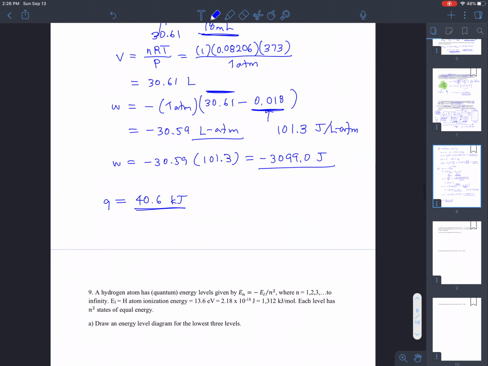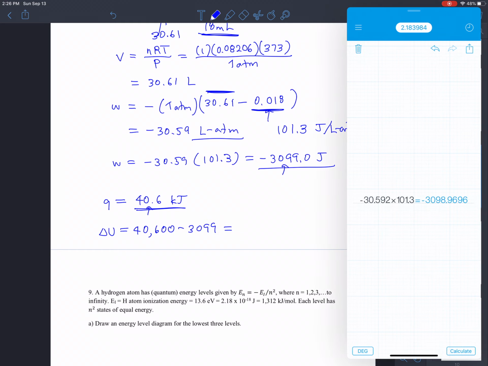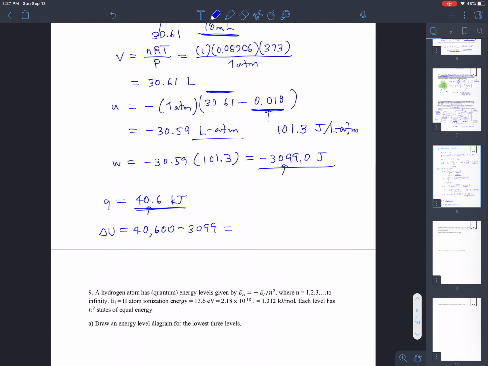Now we need delta U. That is equal to the 40.6 kilojoules minus the 3099. So 40,600 minus 3099, and that is equal to 37,501 joules, or 37.5 kilojoules. Delta H is the heat change, right?